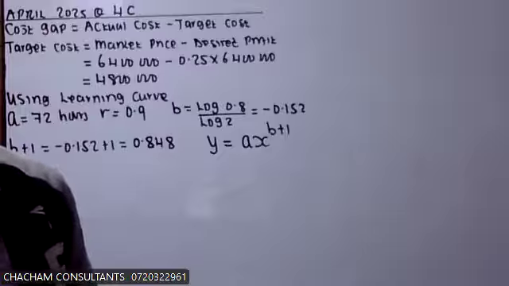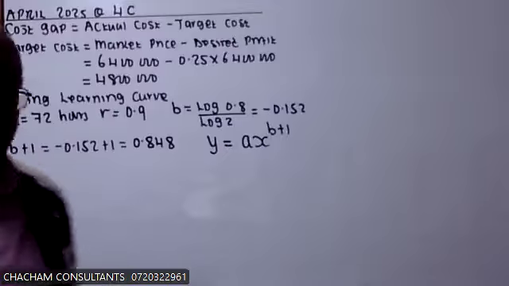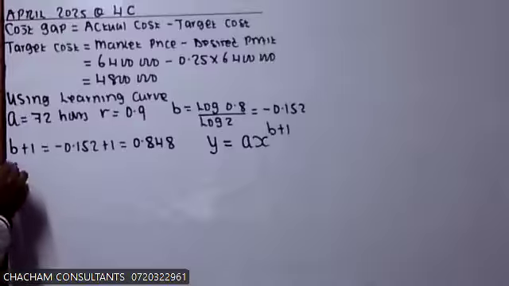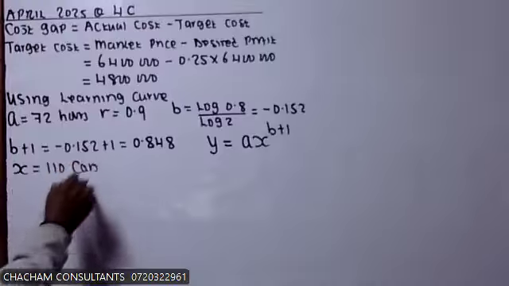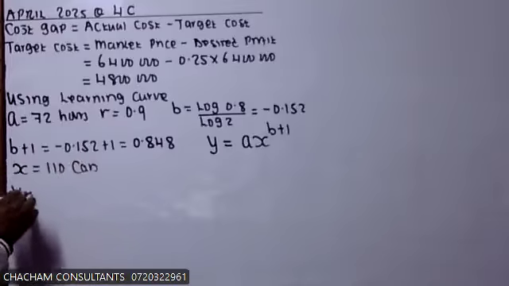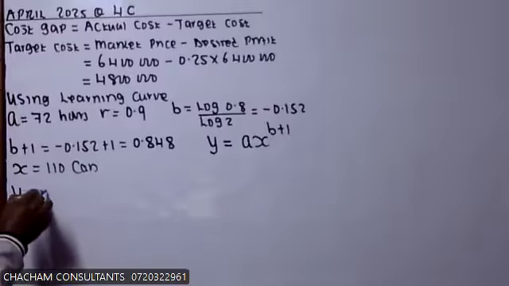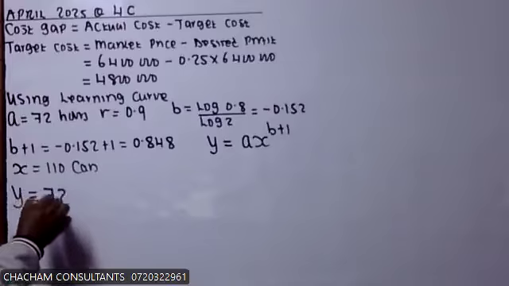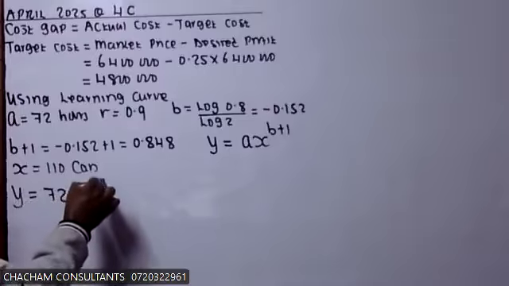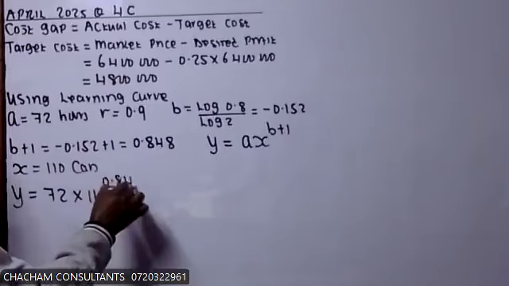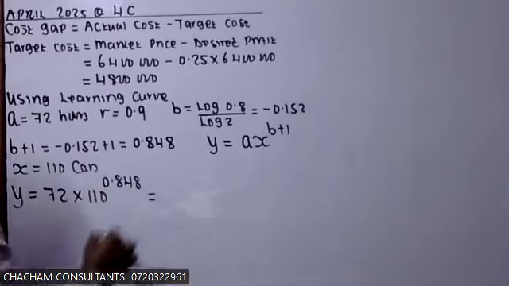So we are doing 110 cars. So X is 110 cars. So Y will be 72 times 110 raised to the power 0.848, so that we know the total time.